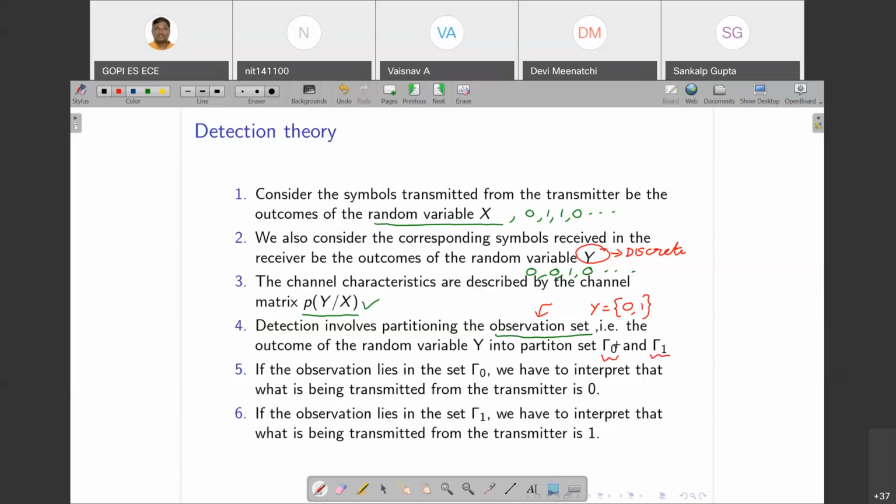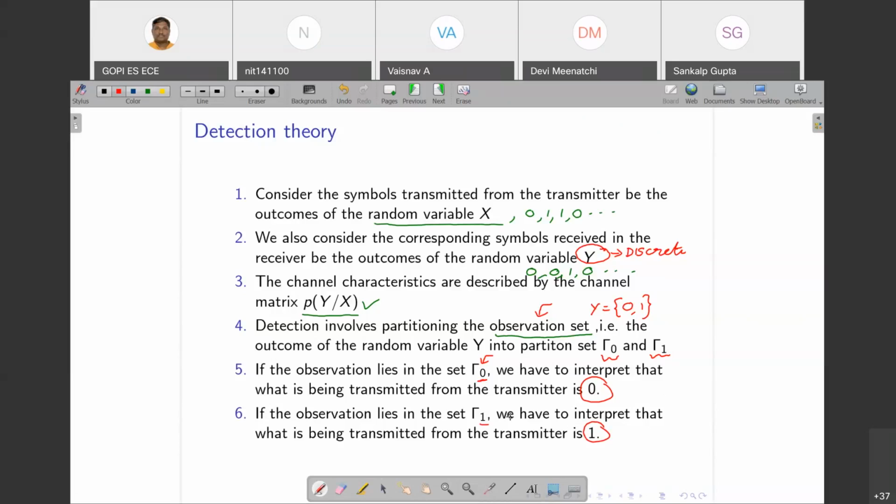How do you interpret these sets? If the observation Y lies in gamma naught, we interpret that what was transmitted from the transmitter is 0. The subscript naught indicates that. Similarly, if the observation lies in gamma 1, we interpret that what was transmitted is 1.